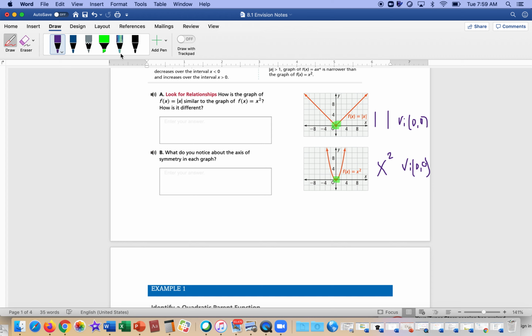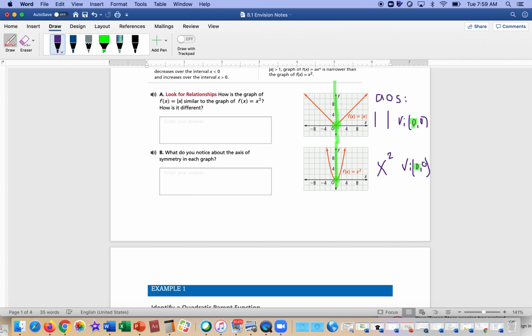And we see that for both of them, they also have a line that slices through the x coordinate of the vertex, and since it's a vertical dotted line, we would say the axis of symmetry.